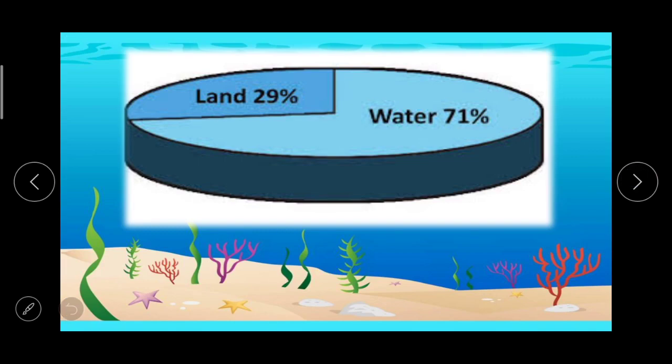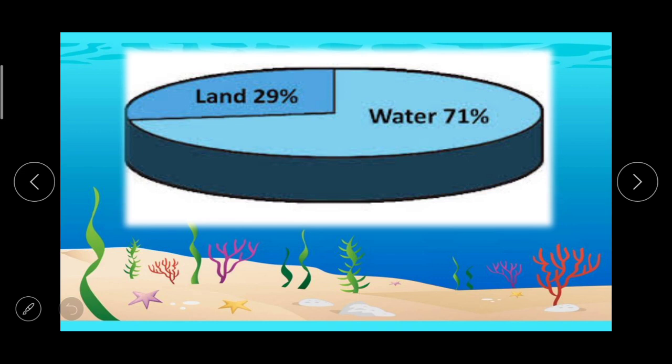So, the very first and most important thing which we are going to study is that we know that the proportion of water and land is uneven on the earth, which means that there is no 50% water and 50% land on the earth.